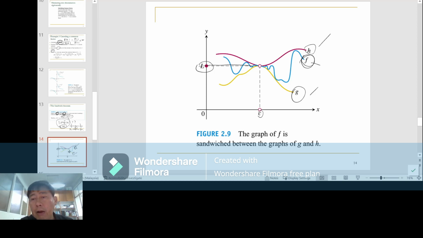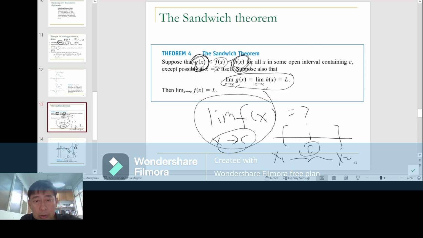In order to find the limit of a function f that is always sandwiched between an upper function h and a lower function g, the limit of f at the point c can be obtained as the common limit of h and g, if the sandwich always happens within some region, and the limits of h and g at the point c are the same. Okay, so that is basically theorem number 4.